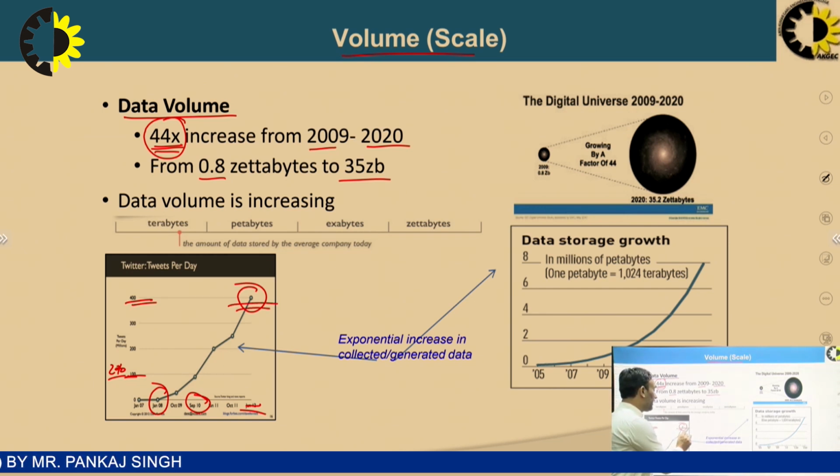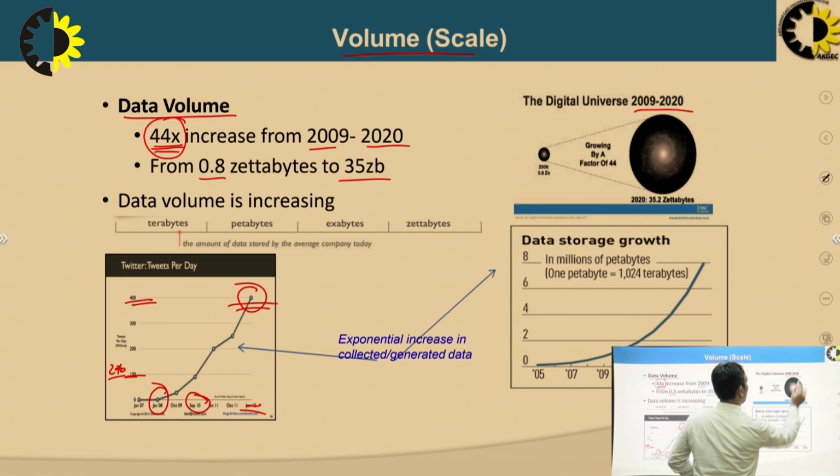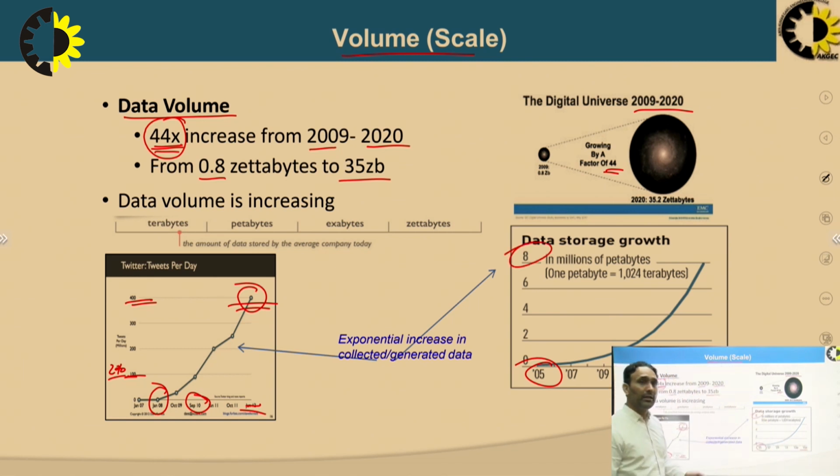So we can easily understand from these statistics how much data is available over the network, or we can say the cloud. The digital universe here grows by 44%, and data storage exceeds from 2005, represented here in millions, as we see in petabytes.